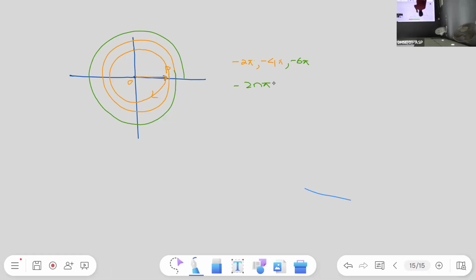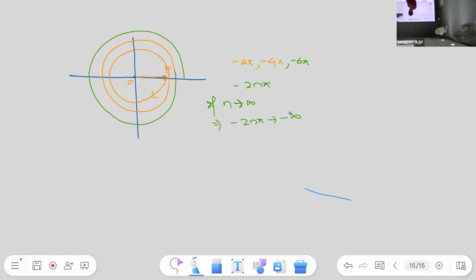If n tends to infinity, if the number of complete rotations increases, then the angle decreases. n tends to infinity implies minus 2n pi approaches minus infinity. So the largest angle and smallest angle don't exist. You can say the measurement of the largest angle is infinity. The measurement of the smallest angle is minus infinity.